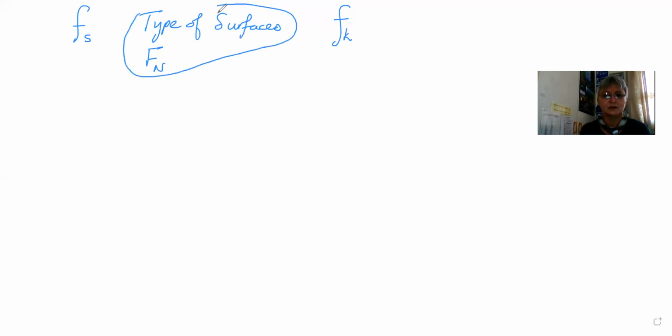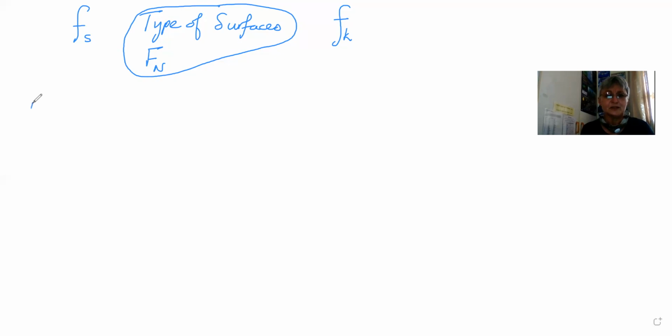Both these frictions are dependent on the type of surfaces in contact and the normal force, the force that the surface on which the object is resting exerts on the object. So these two factors are the main contributors to affecting friction.